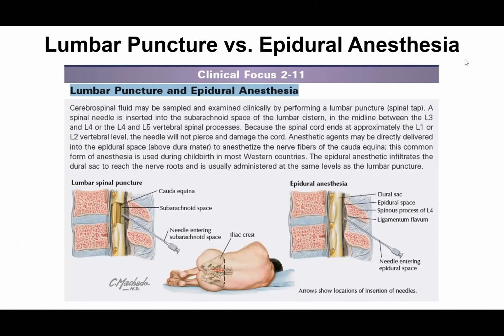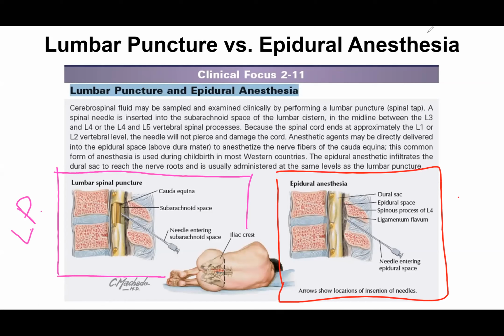From the pictures here, the one on the left is a lumbar puncture, whereas the picture over here on the right is showing an epidural.